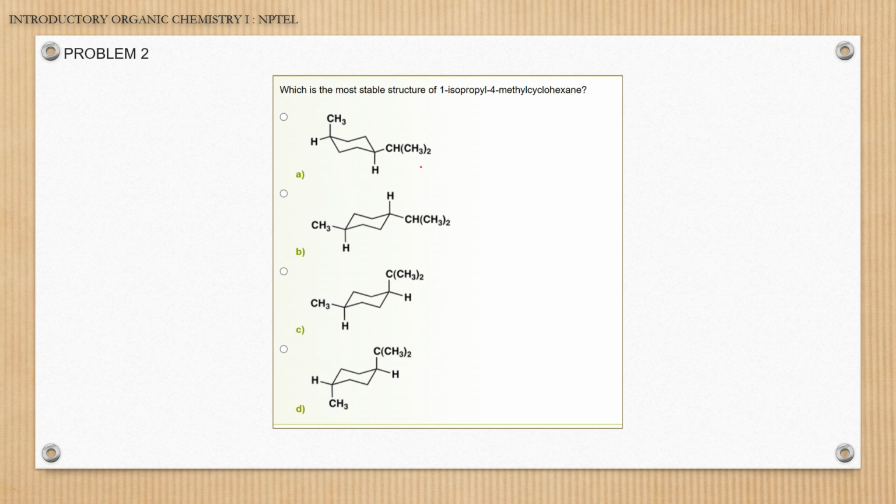Okay. See, what they are asking is the most stable conformation. And first of all, you need to know the A values of this methyl and isopropyl group. What do you mean by A values? Basically, it is the value which informs you of the preference of this particular group towards the equatorial position.